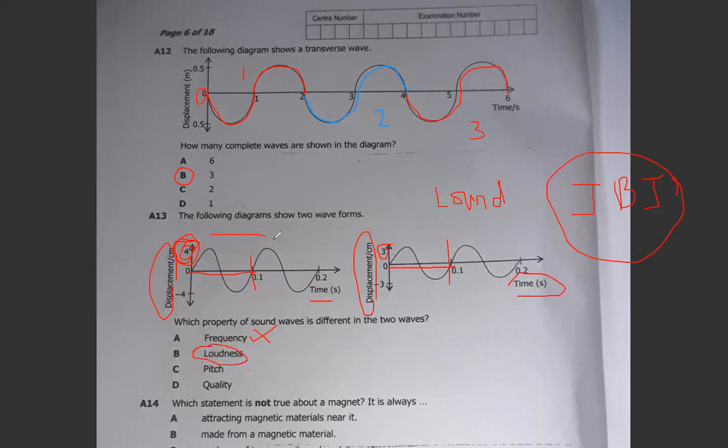If the wavelength was different, what could have been affected would have been the pitch. So what affects how loud the sound is? The amplitude. And that's the reason why when you're playing music in the car or maybe anywhere in the home theater, when you hold your hand on the speaker, you'll find that the buzz reduces because the pushing of the particles to produce the maximum amplitude is not there.